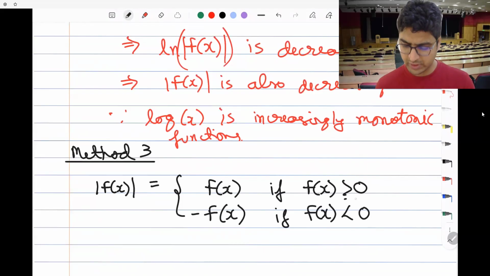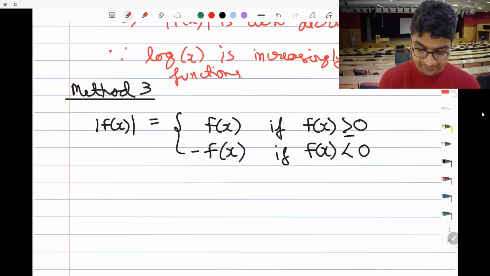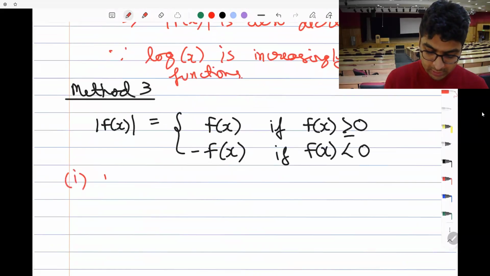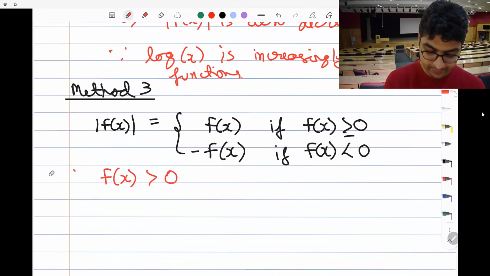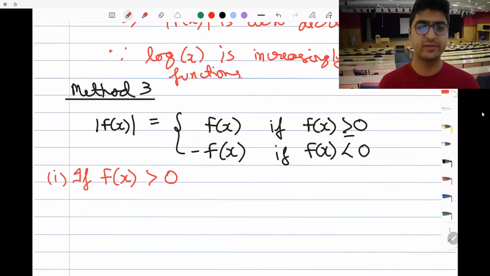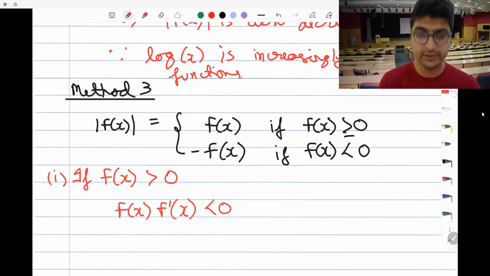Okay, you can include it anywhere. Now if f(x) is positive, let's take this case, if f(x) is positive. Let's consider this case. Then in that case what is given to you is f(x) f'(x) less than 0.